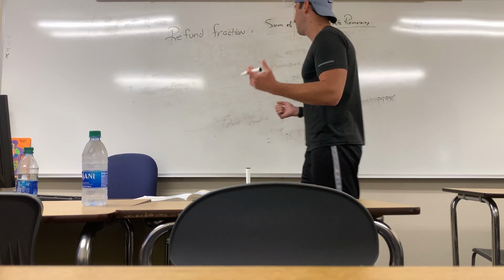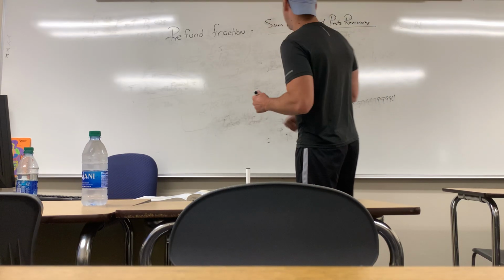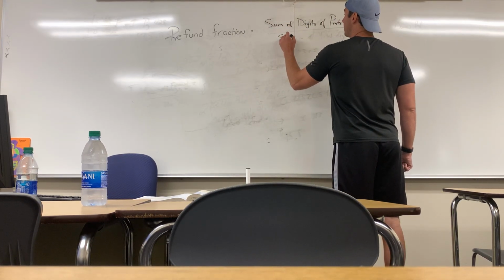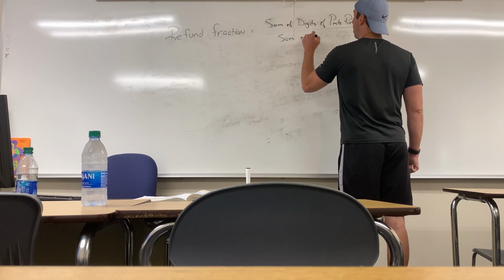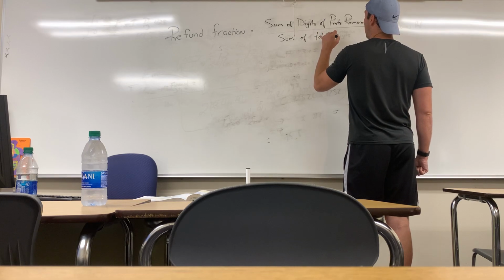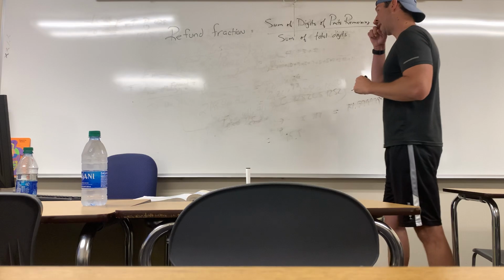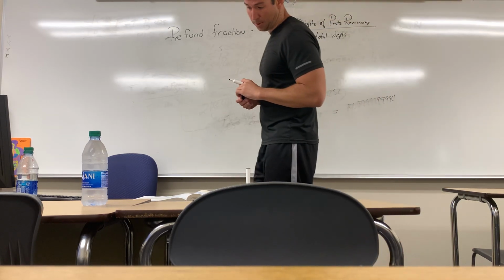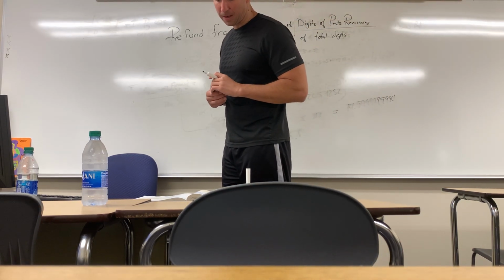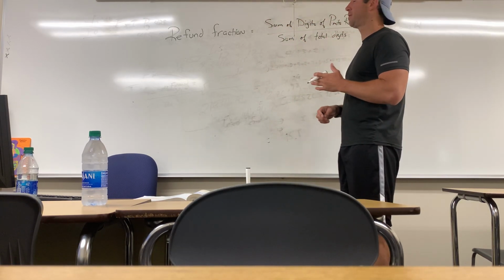So that's how many payments are left on top. And then on the bottom, of course, is the sum of all digits of payments. And of course, in this case, the whole loan is 36 months. So 1 plus 2 plus 3 plus 4, all the way up to 36.